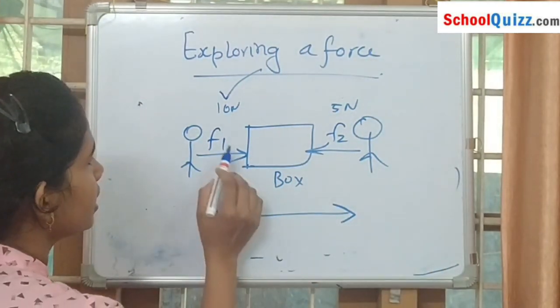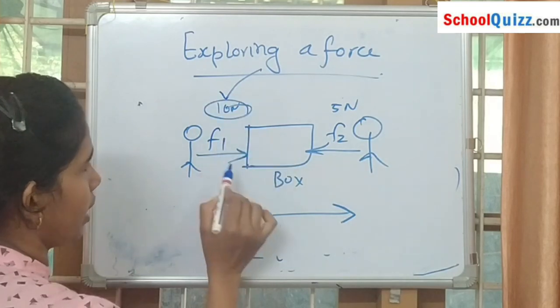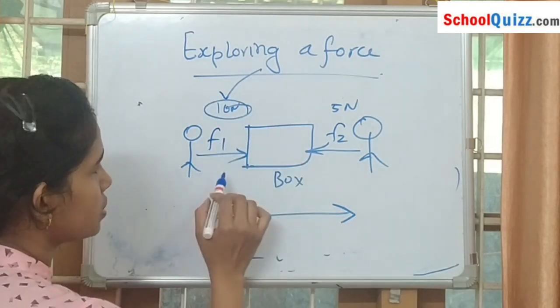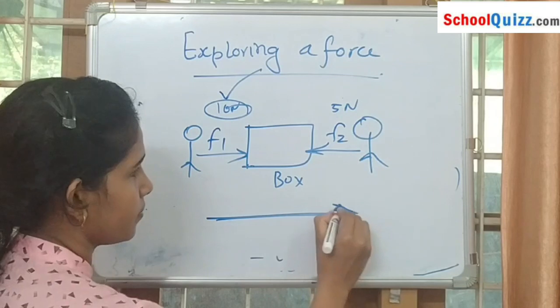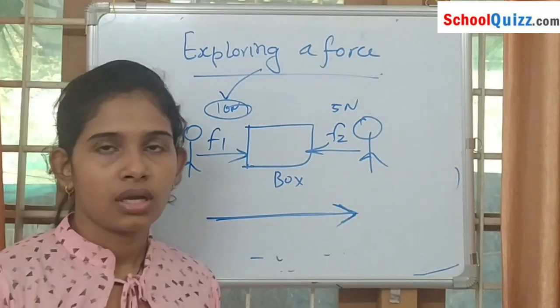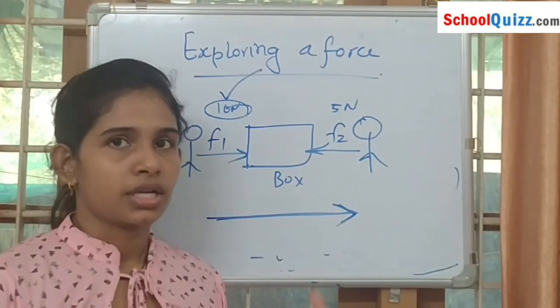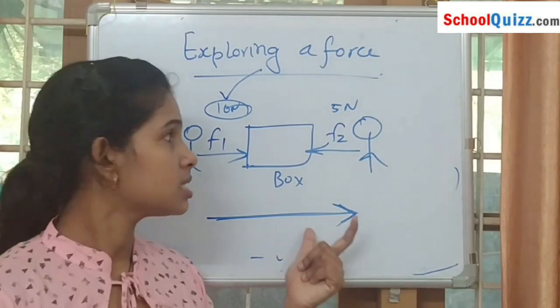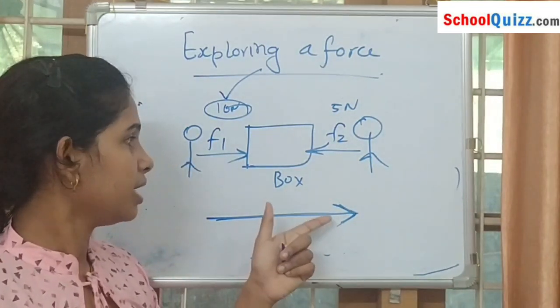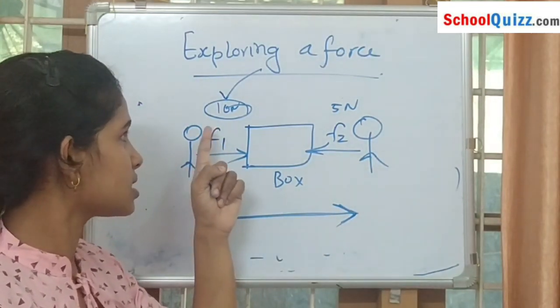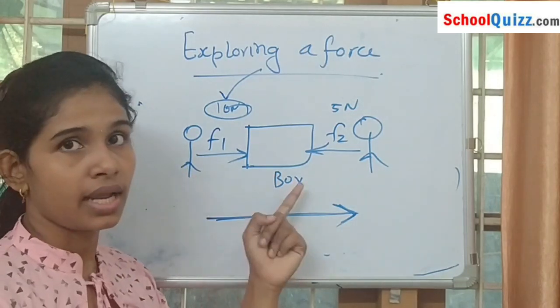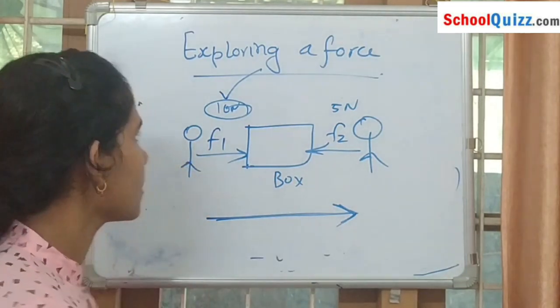Understood? Because here the larger force is 10 Newton. So, direction of force will be towards right, because here the larger force is from the right side. Understood?